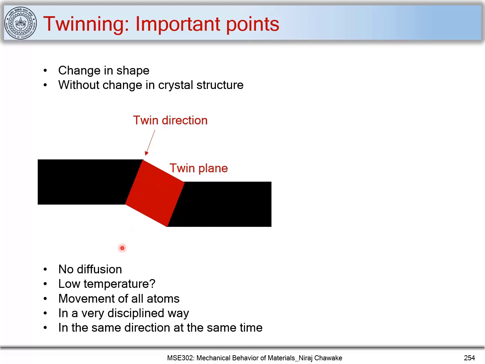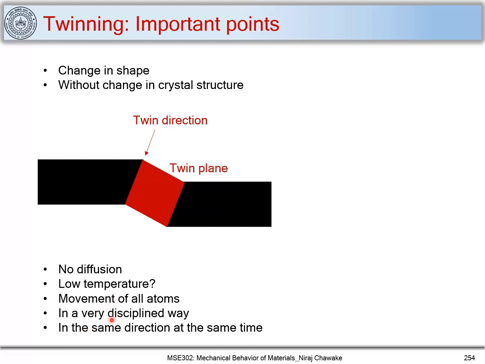And you have seen that this twinning occurs with no diffusion. So the atoms moved or sheared in such a way that there is no long-range diffusion occurring in the material, and generally it occurs at low temperatures. However, there is a movement of all atoms, and this movement of atoms occurs in a very disciplined way. We'll be looking at these aspects of twinning as we move along.